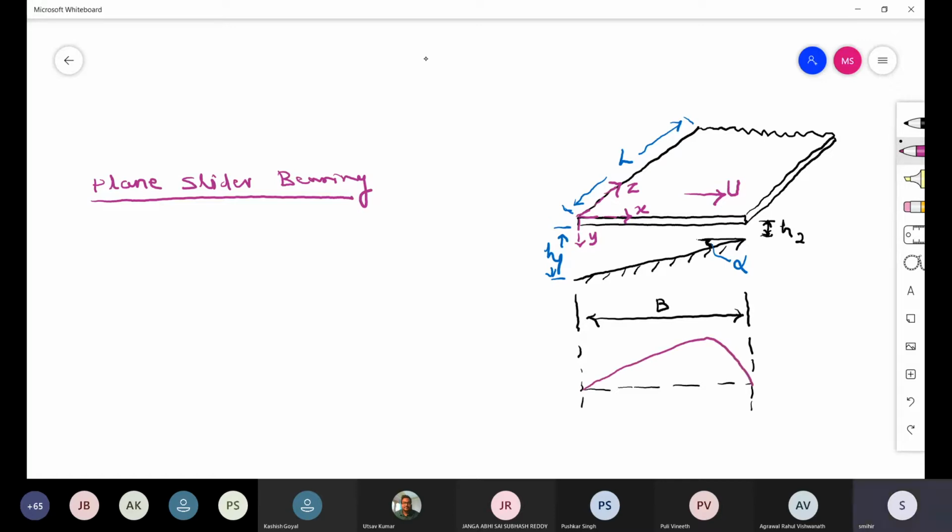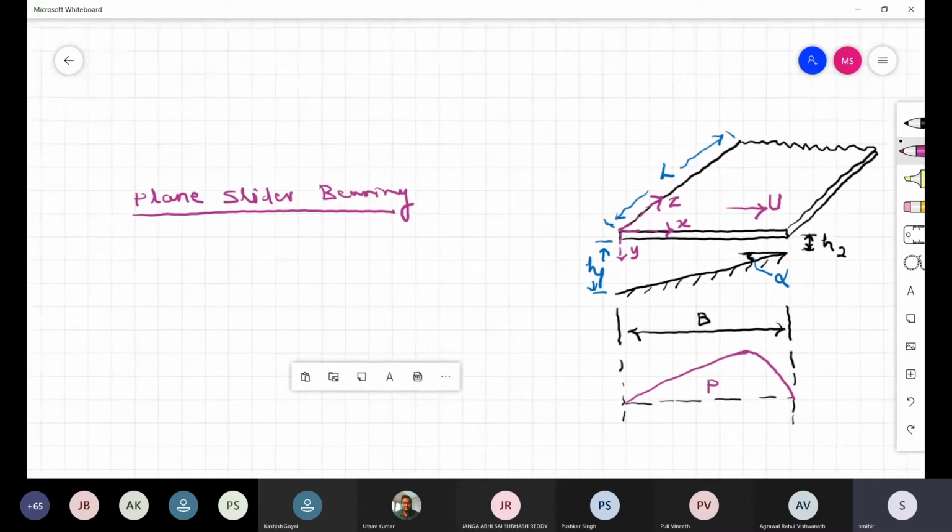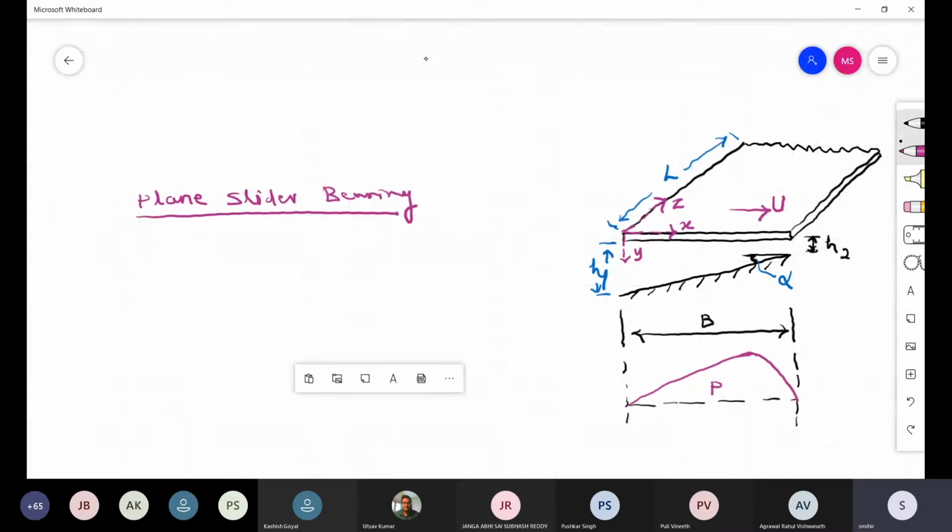This is the pressure profile, which will be 0 at the left end, 0 at the right end, and it will be maximum somewhere here, and then it will decrease. This is the kind of pressure it will develop in this type of bearing. So now let us solve and find out exactly the pressure profile for this bearing.